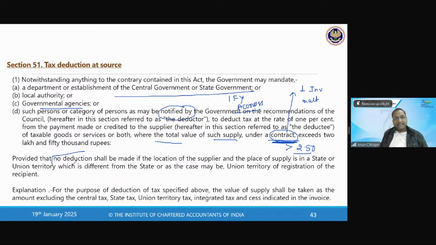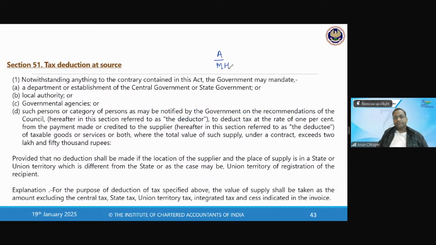In which case TDS would not be deducted? If supplier, let's say A, is located in Maharashtra, and made the supply to Delhi state government. Invoice value is 3 lakh.